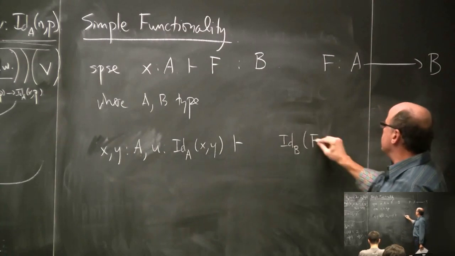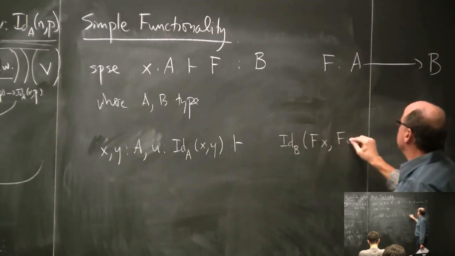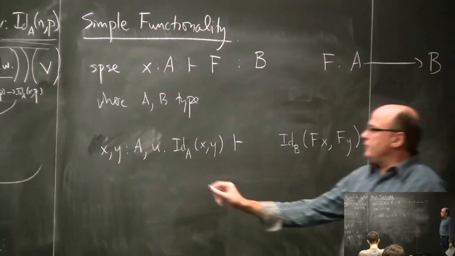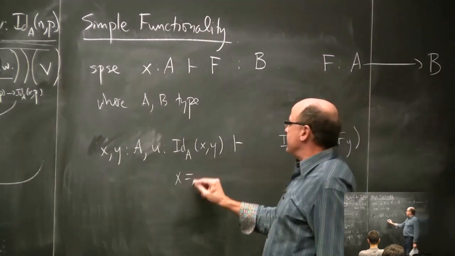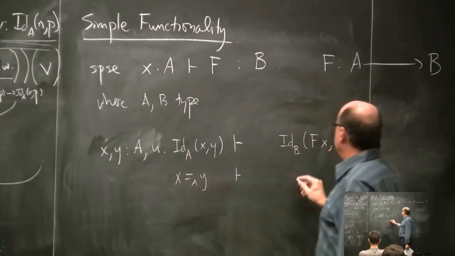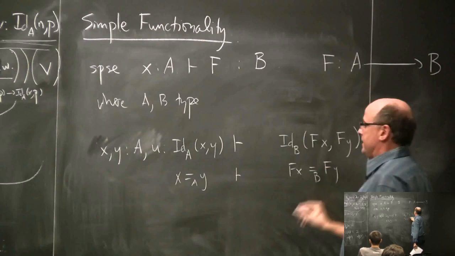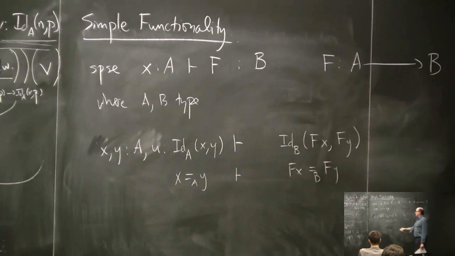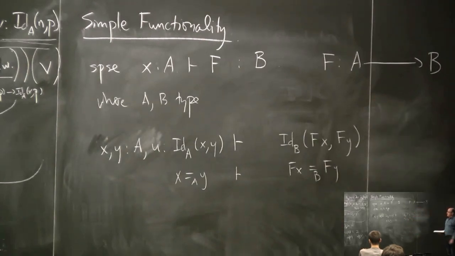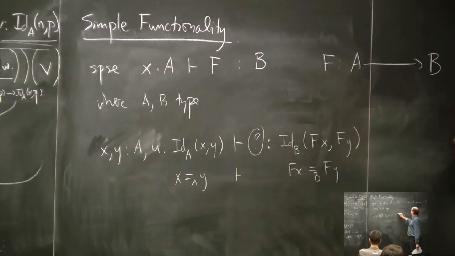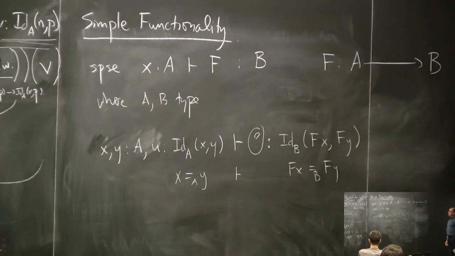It means that in B, I should expect f x and f y to also be equal. In other words, if you read this logically, if x is equal to y, then f x is equal to f y. And this would happen in B. That's what we're saying. So there ought to be something that goes there, and that's the point.